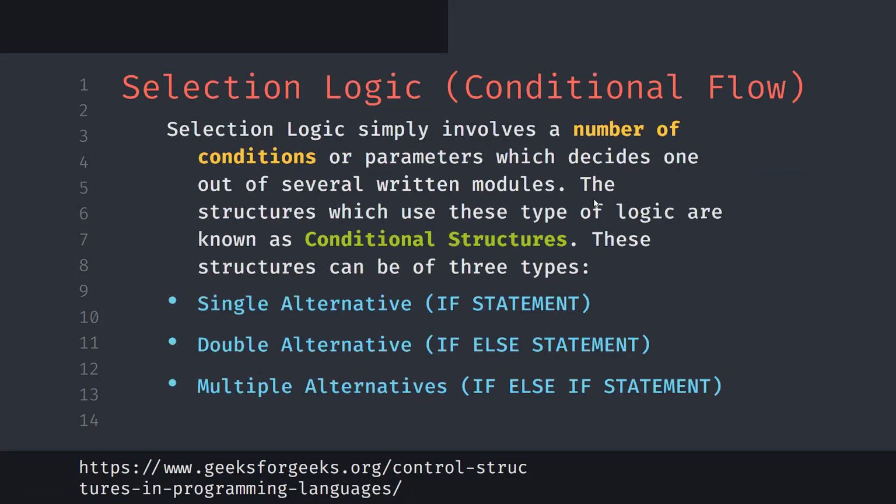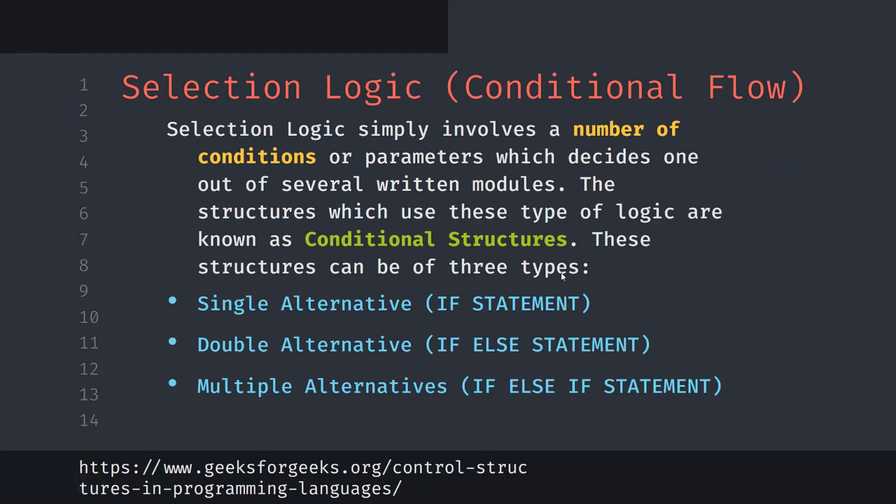So in conditional flow, the first one is selection logic. Selection logic, as mentioned here, simply involves a number of conditions or parameters, which decide one out of several written modules. And the logic is known as the conditional structure.